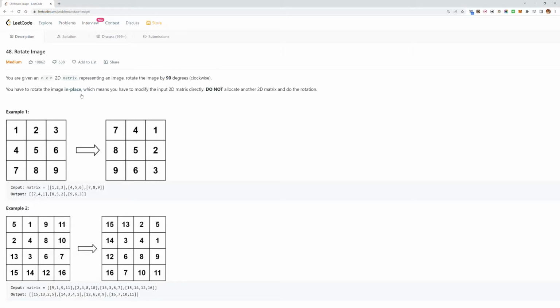I see I have to rotate in place, modify the input 2D matrix directly, and I cannot allocate another 2D matrix to do the rotation. So I see a lot of keywords that hint at the algorithms I can choose. It's usually in the question, and it helps me narrow down what I need to work on. And so the first thing is have a timer.